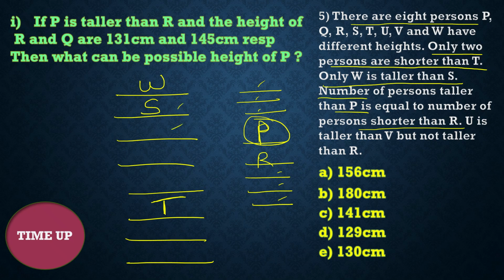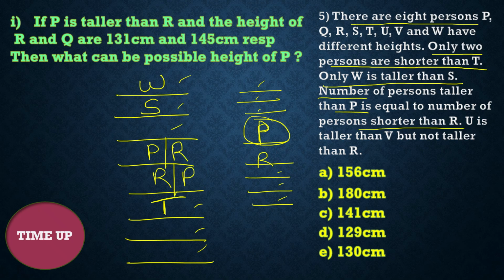So 8 persons are there. If I place P here and R here, the number of persons taller than P is 3, and the number of persons shorter than R is also 3. So they are equal. I can do it like this also: place R here and P here.